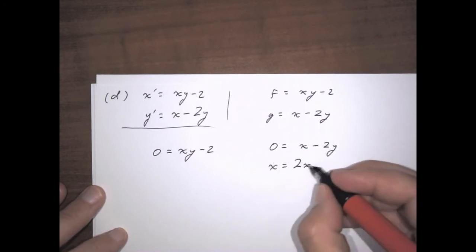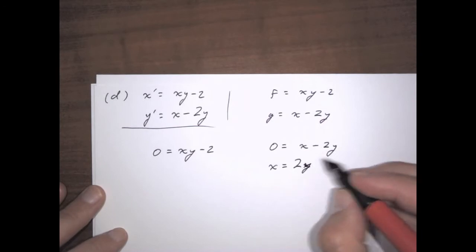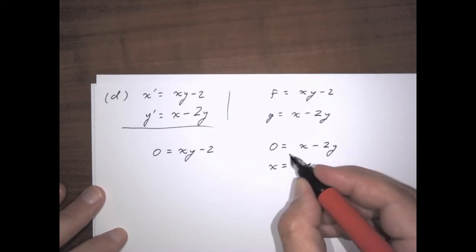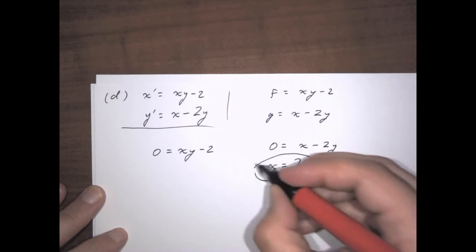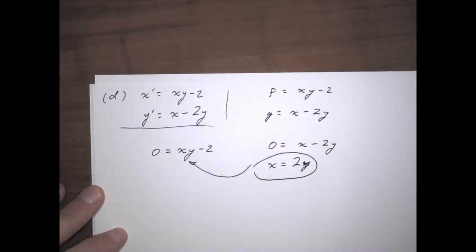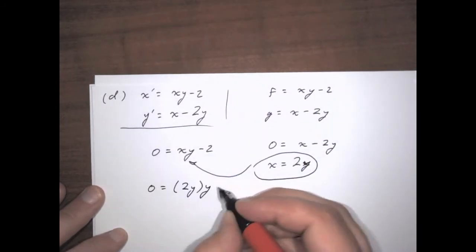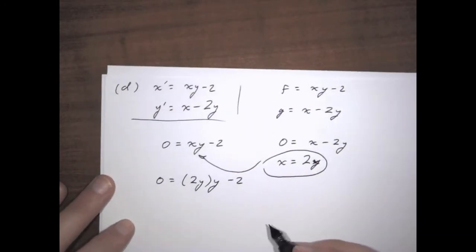So add 2y to both sides, and we'd have x equals 2y. And if we were to plug that in up here, that'd give us 0 equals 2y times y minus 2.